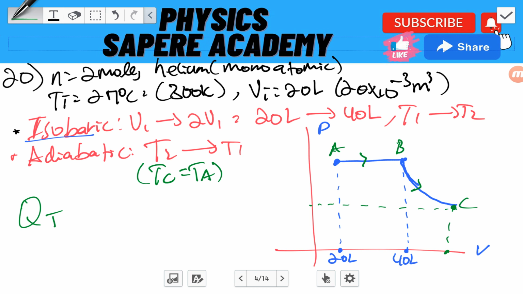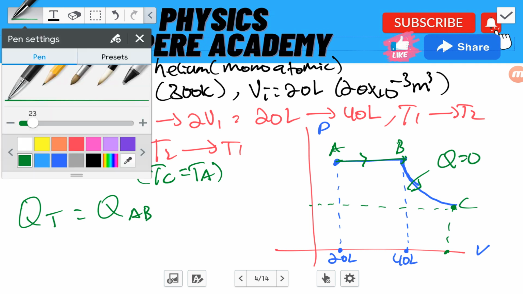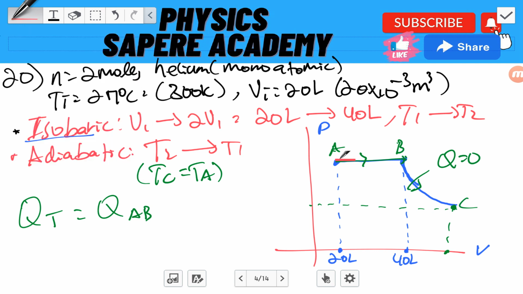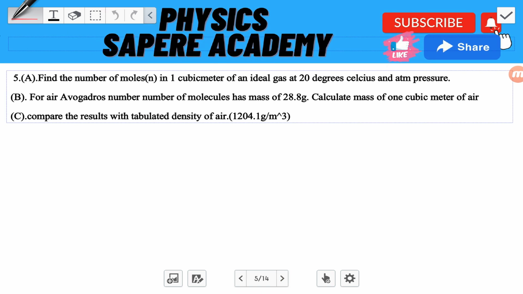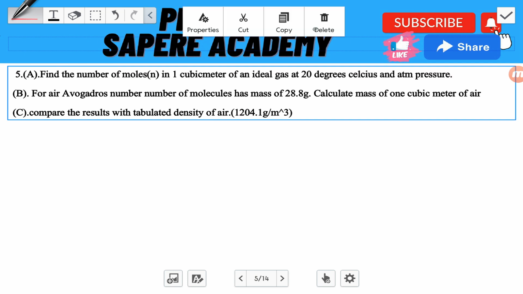Number 1, looking at the process, from B to C it is adiabatic, so Q here is 0. So the only Q we have is the Q in the process from A to B. So Q total is the same as Q from A to B. Now the process from A to B takes place at constant pressure, and thus QAB is also going to be equal to QP, the constant pressure heat.